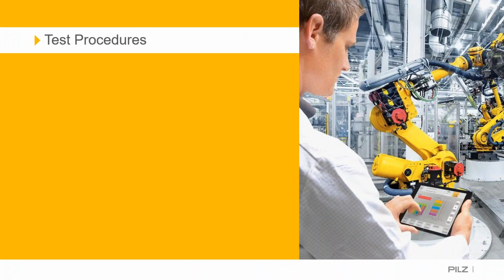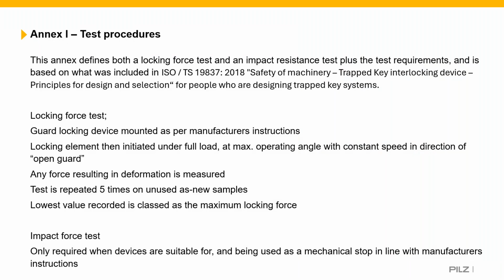I mentioned there's a whole new section on test procedures, and this really boils down to people that are manufacturing interlocks. It's not so important really for users of interlocks, but it defines both a locking force test and an impact resistance test. So we need to ensure, obviously, that the guard lock is mounted as per manufacturer's instructions.